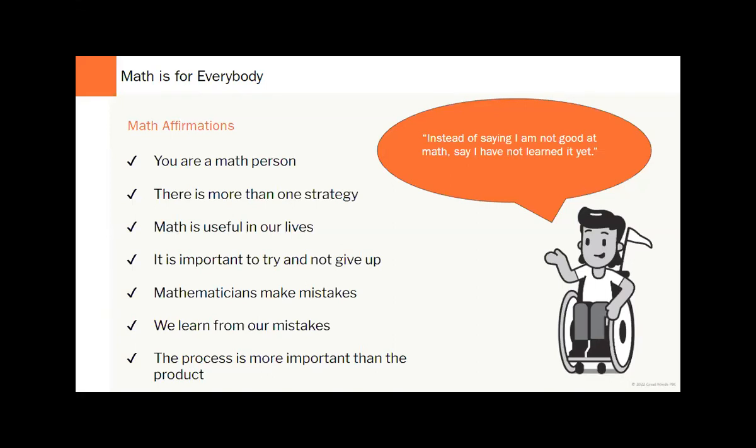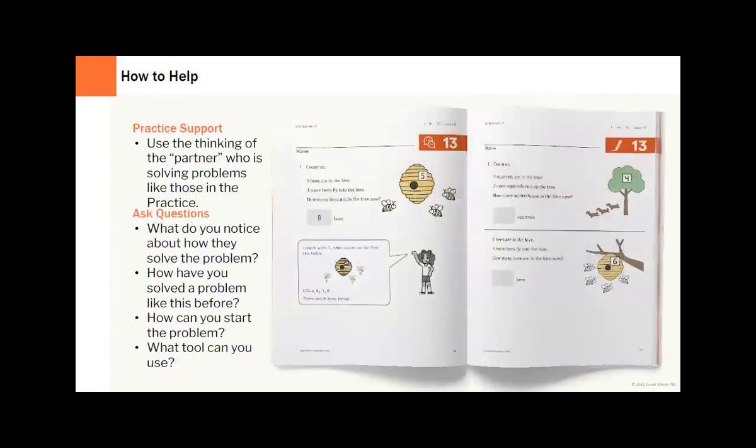So as I mentioned, we do have supports for our parents, and in this presentation, you'll see later on that there is a link to some mathematical at-home sheets for families, just to explain different strategies students may be using in the classroom.